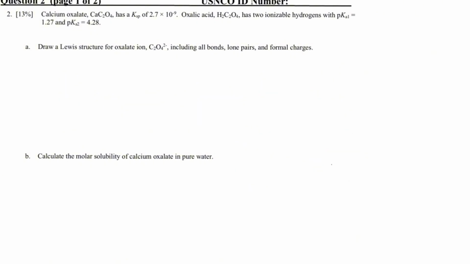Now the second question, and here we are asked to find the molar solubility of calcium oxalate in pure water. First of all, let's clarify what molar solubility is. Molar solubility is the maximum number of moles of a solid that can dissolve in 1 liter of water before the solution becomes saturated.